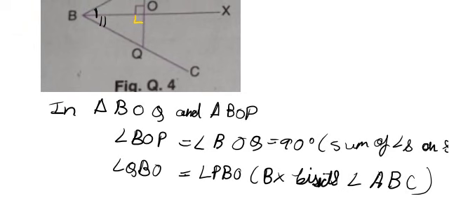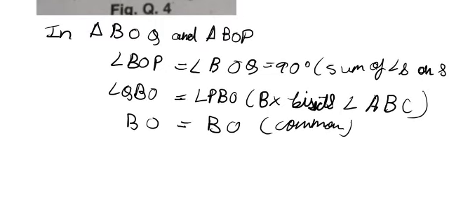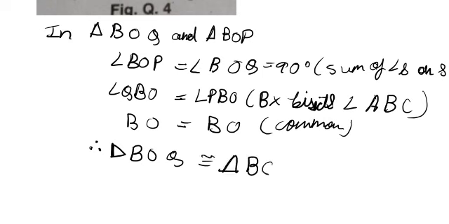Next, we know two pairs of angles that we found are equal, and BO is equal to BO because it is common, right? So what does it mean? It means therefore triangle BOQ is congruent to triangle BOP.